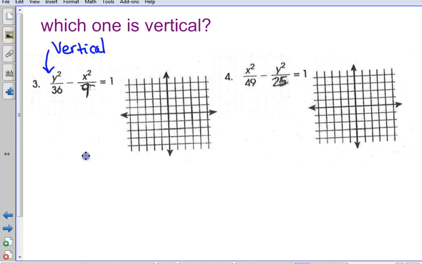Everybody okay? We do this one? We probably have to count by 2s again, because I don't think we can go out 6 on the y, can we? Or do we want to try? Count by 2s? Okay. So on the y, where are the vertices?